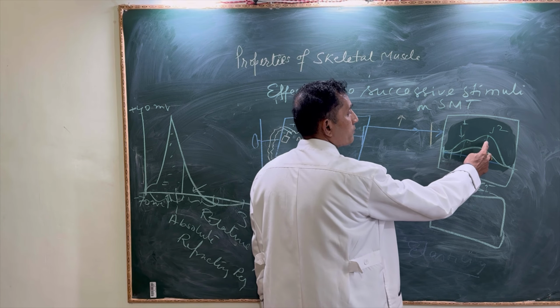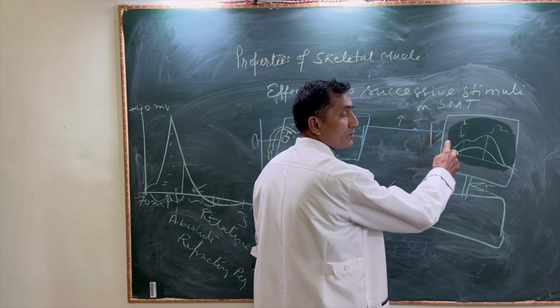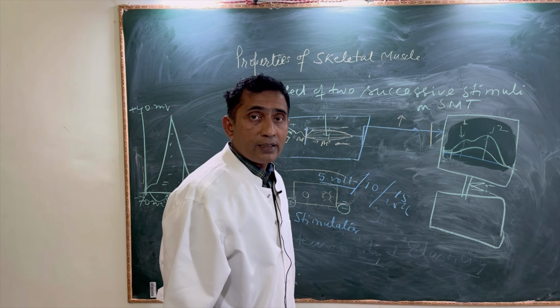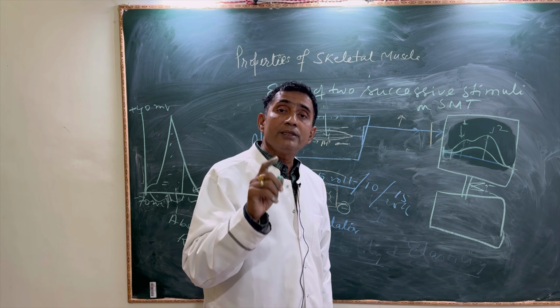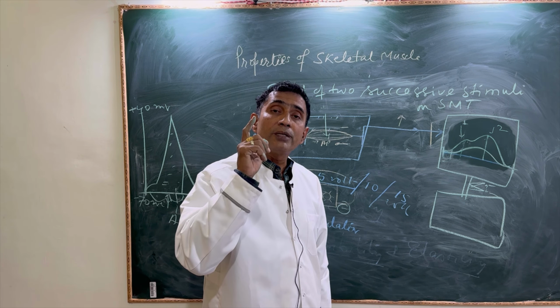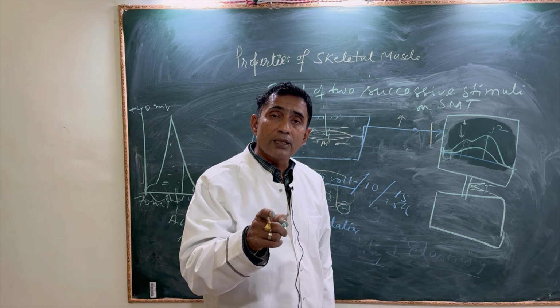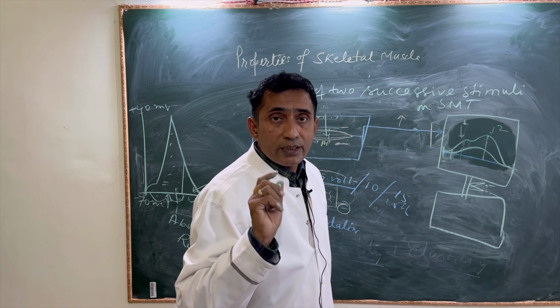But how can you explain that the height is better than this? How did the height increase? The height has increased because of our mechanism of skeletal muscle contraction, where calcium ion is vital, very much essential. After stimulating, calcium ion is there in that medium.